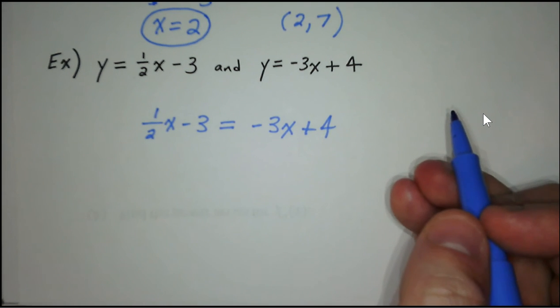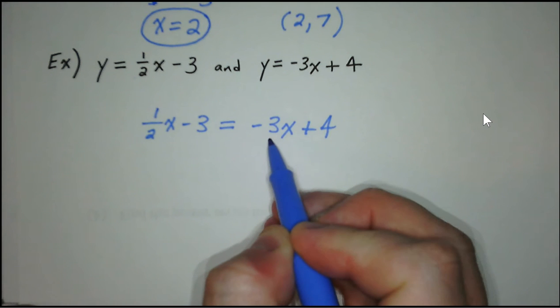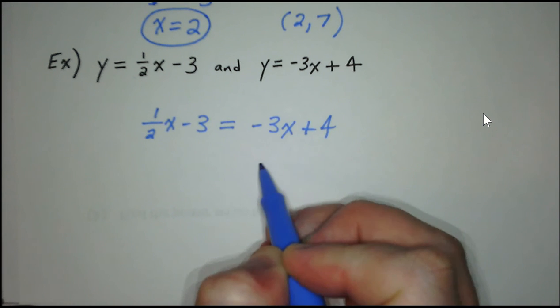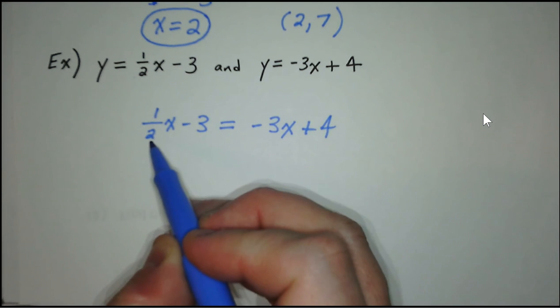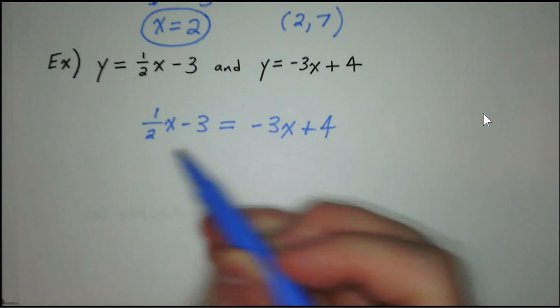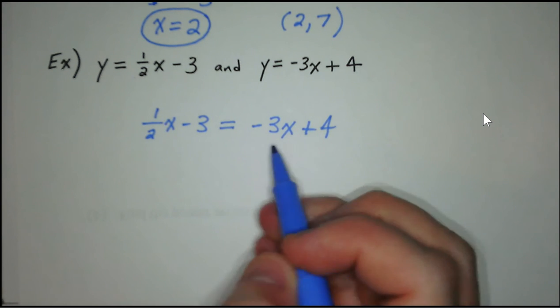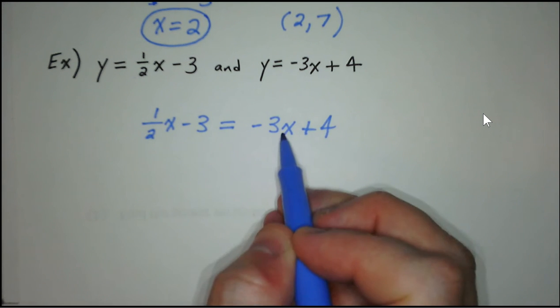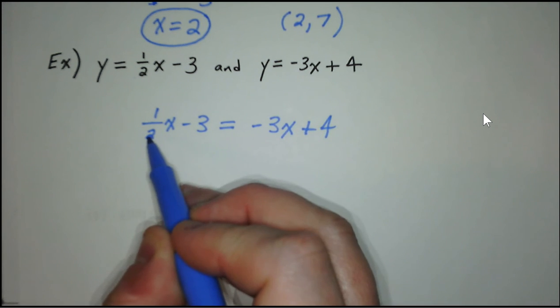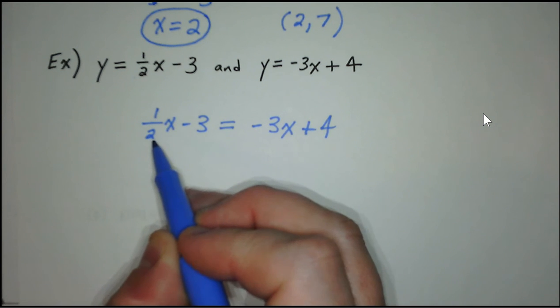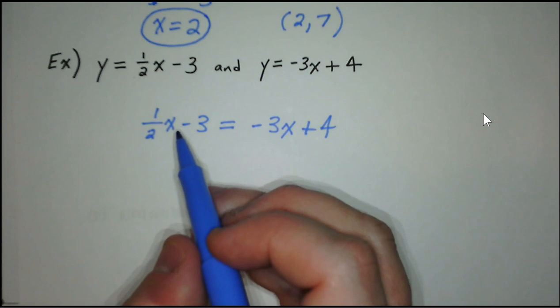But now that you've set the equations equal to each other, we can go ahead and solve for x. Now, could you add 3x over here and literally add 3x to 1/2 x? Of course you could. There's all different kinds of ways to approach this. You can leave it as a fraction, or you could change that to 0.5x, since it's a clean enough decimal.